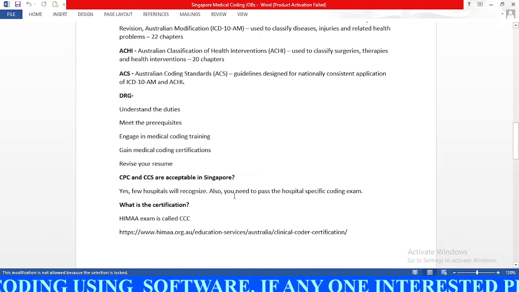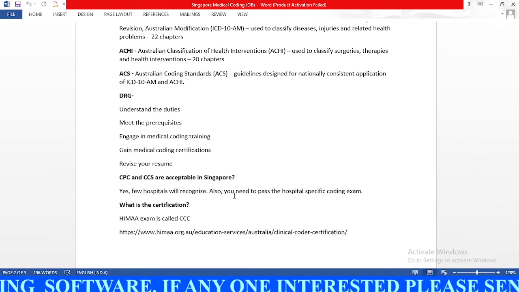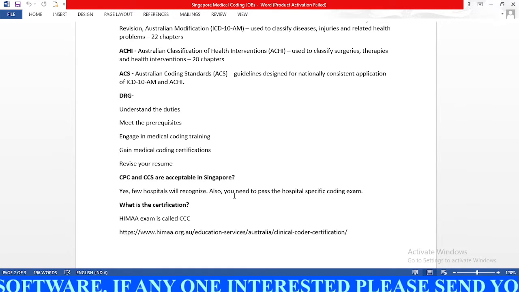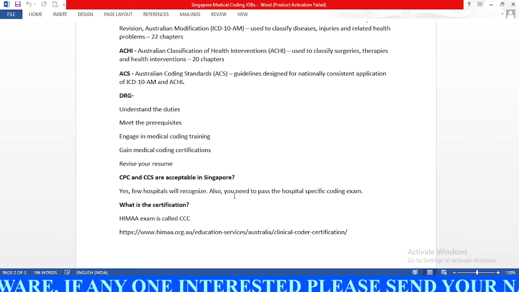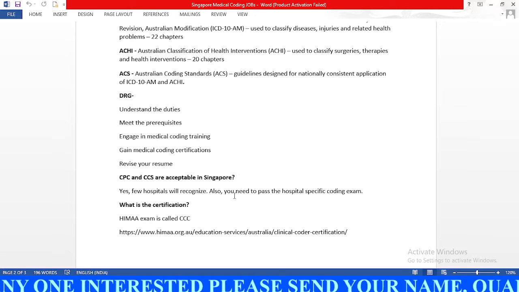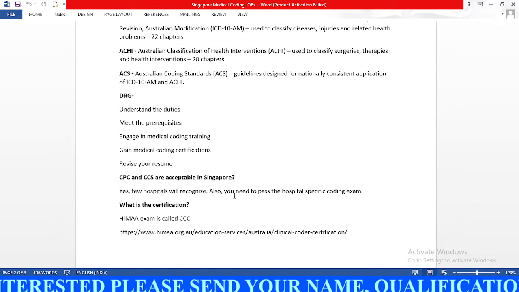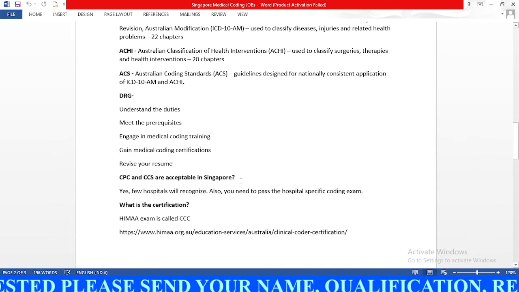Next we have ACS, the Australian Coding Standards, which are the guidelines designed for nationally consistent application of ICD-10-AM and ACHI. Basically, the Australian Coding Standards are the guidelines used to code using ICD-10-AM and ACHI.